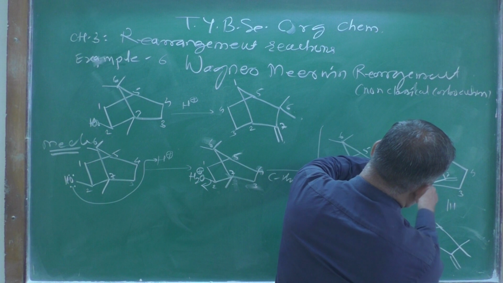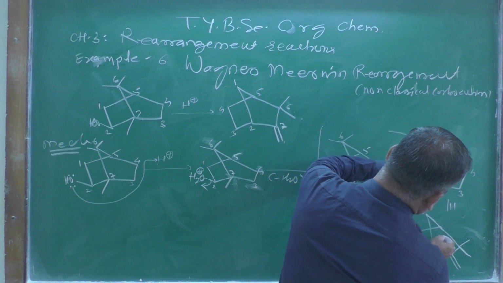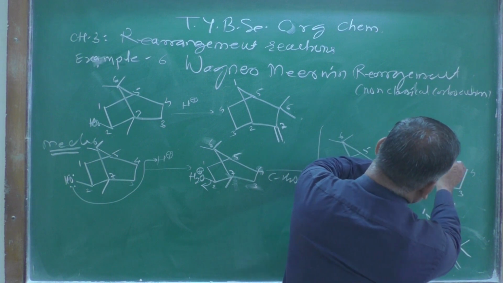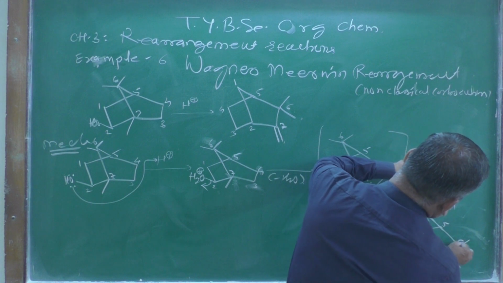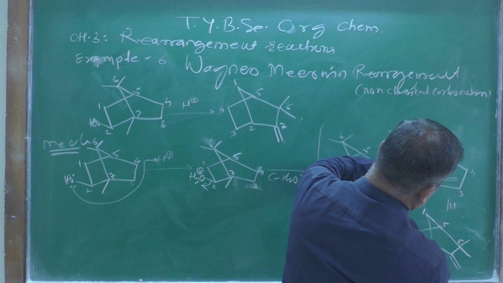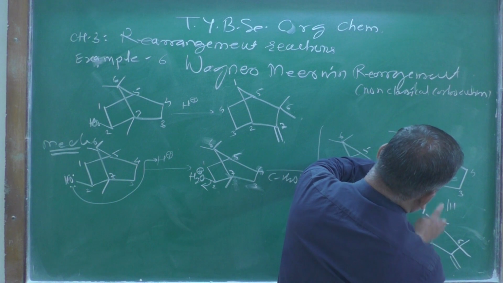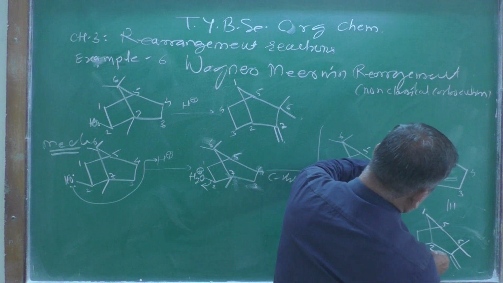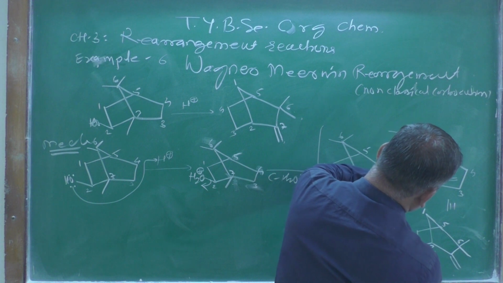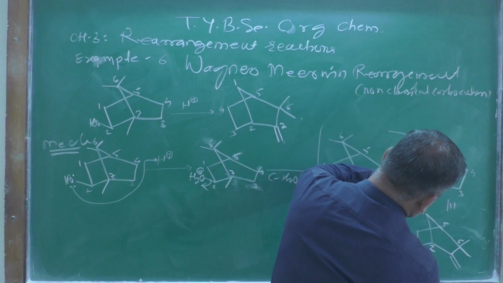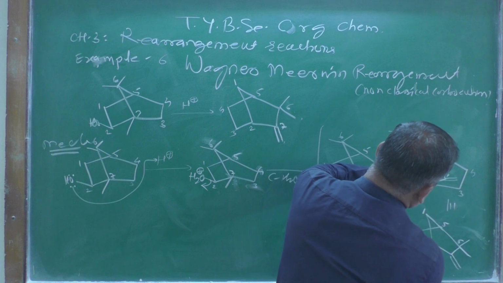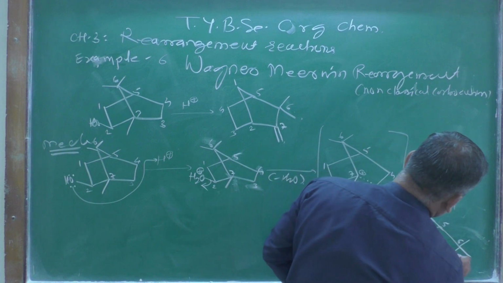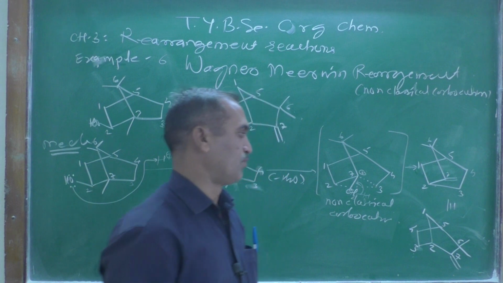It is 1 joined to 5, right? Here we can write 5 joined to 6. This is number 6, and on 1 there are 3 bonds, 1, 2, 3. So this is a 2, and 2 joined to 3. So 3 joined to 4 joined to 5, 6 and this is a 7. This is unfolded.